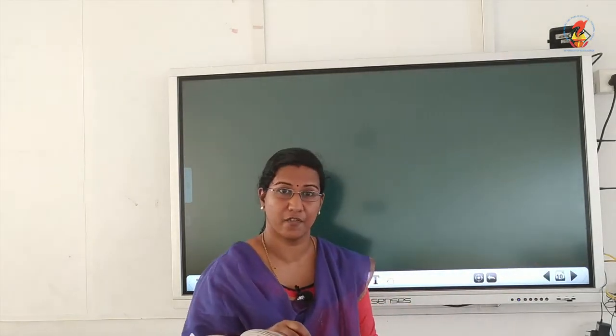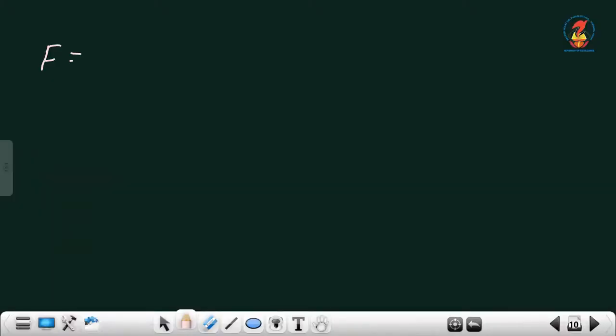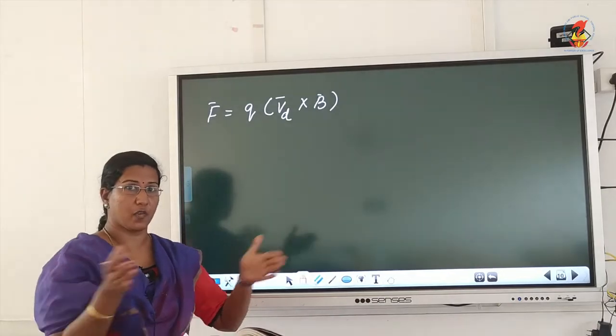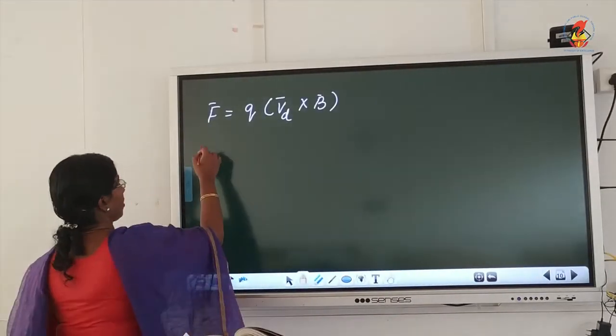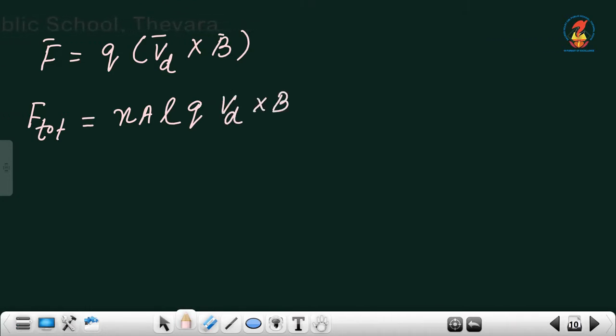It experiences a magnetic Lorentz force, given by F = q Vd cross B. This is for a single charge. So what will be the total force experienced by the conductor? The total force will be n A L q Vd cross B.